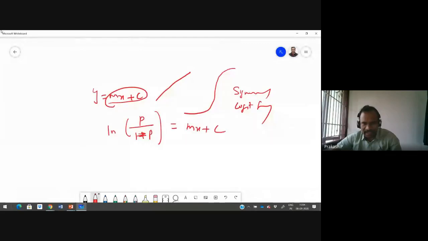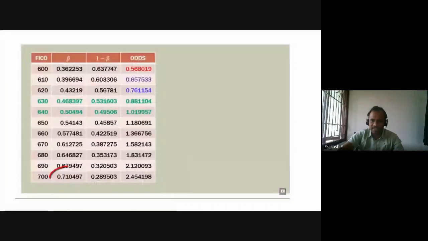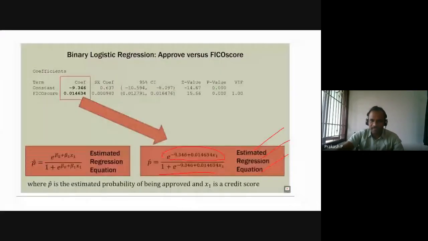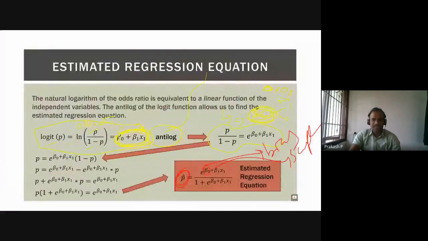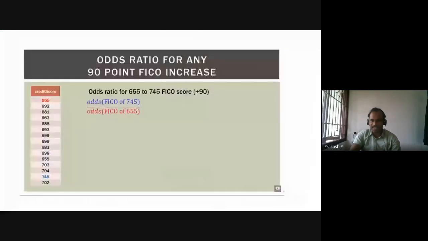Then if you take the exponent, p divided by 1 minus p equals e power mx plus c. Then if you solve for p, we get p cap, the expected value, which is e power bias plus slope times x divided by 1 plus e power bias plus slope times x. So this is the mathematics which begins in logistic regression.